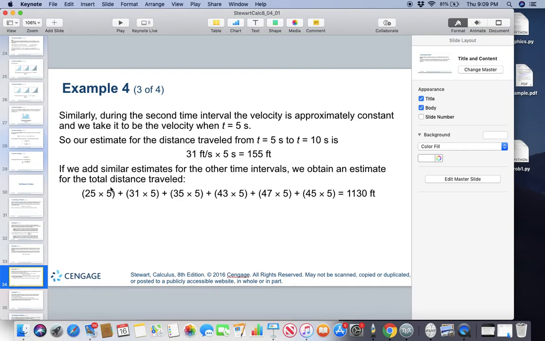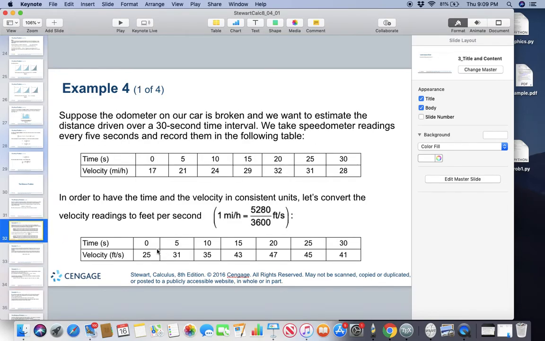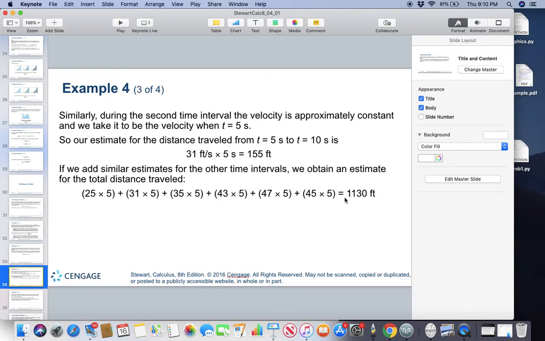So you're adding the first 5-second distance plus the next 5-second distance, and so on, using this table. So 25 for the first 5 seconds, 31 for the next 5 seconds, 35 for the next, 43 for the next, and so on. All right, that gives you a certain estimate for the total distance traveled.